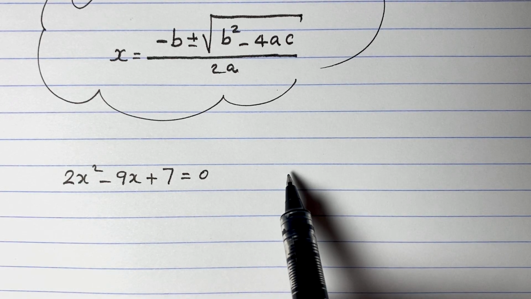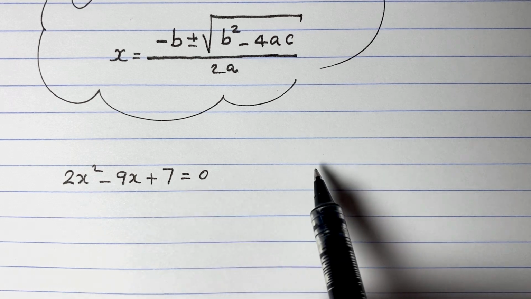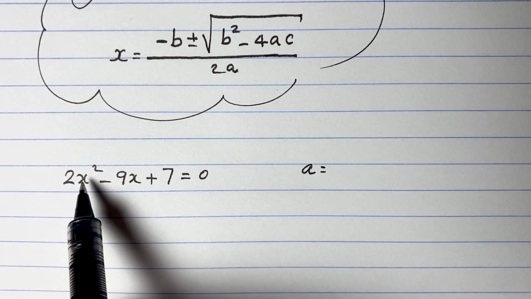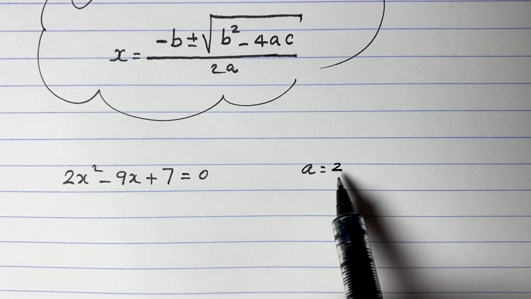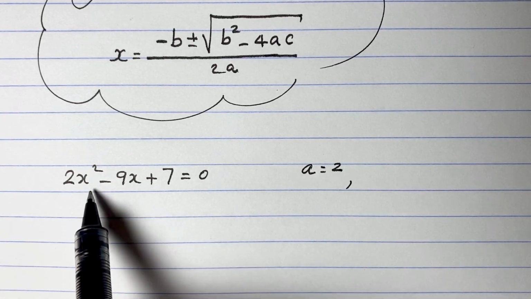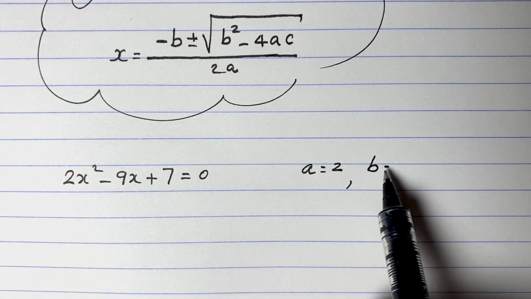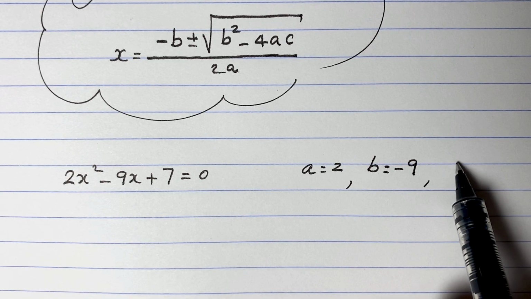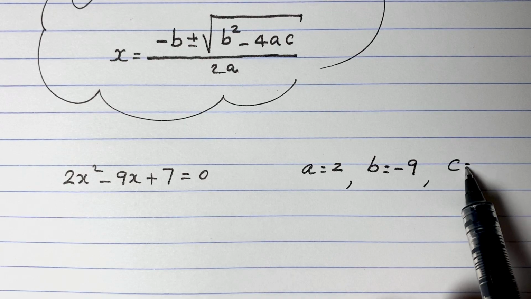But here, let's list all the information I have. a is the number next to x squared. Coefficient of x squared is 2. Coefficient of x is, sorry, minus 9. And c is plus 7.